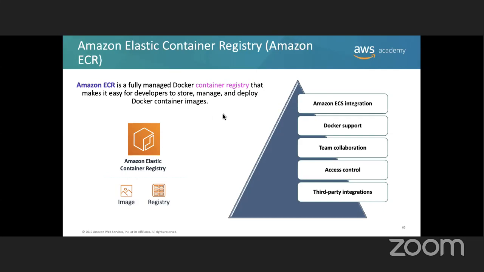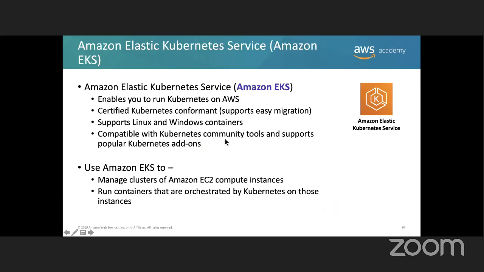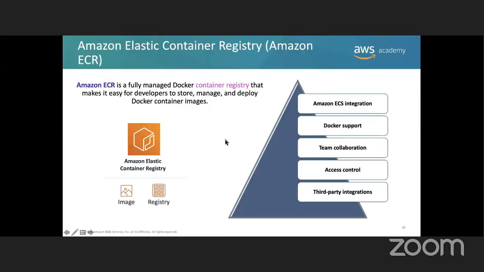It is integrated with ECS, I'm sorry, Elastic Container Service, right? With this integration, you can store, run, and manage container images for applications that run on Amazon ECS. What you have to do is to specify the Amazon ECR registry repository in your task definition, and Amazon ECS will retrieve the appropriate images for your application, right?